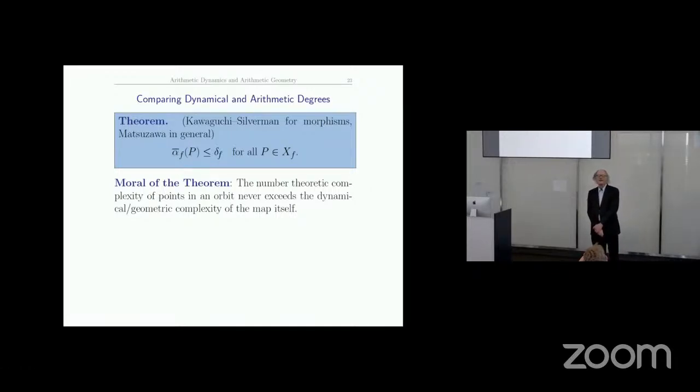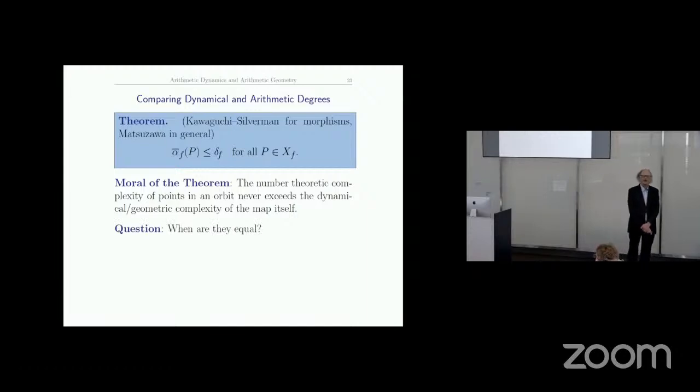And what this really says is that if you look at the number theoretic complexity of a point as it's moving around, it can never exceed the dynamical complexity of the map itself. This, of course, raises a very natural question of when are they equal? Which points have maximal arithmetic complexity?